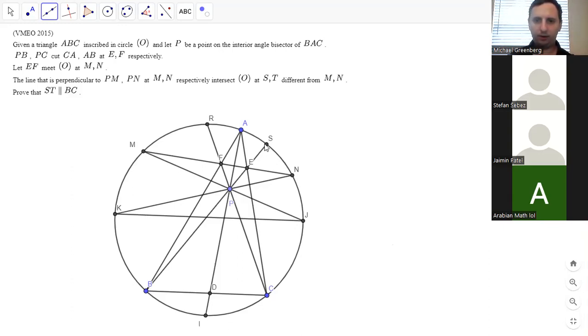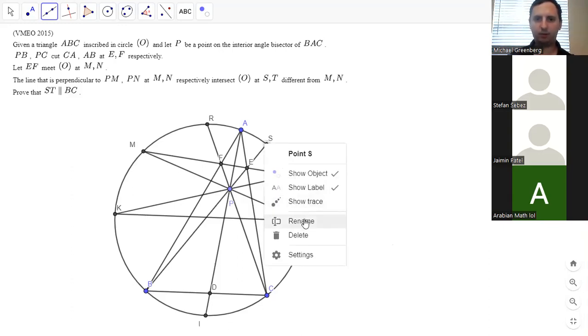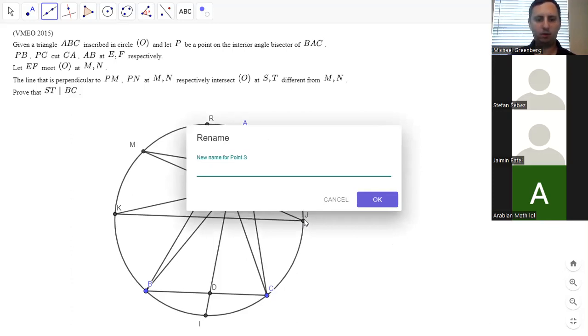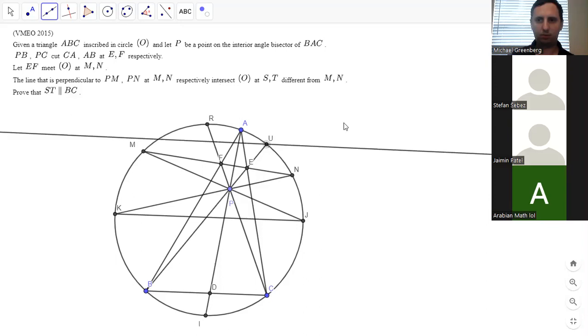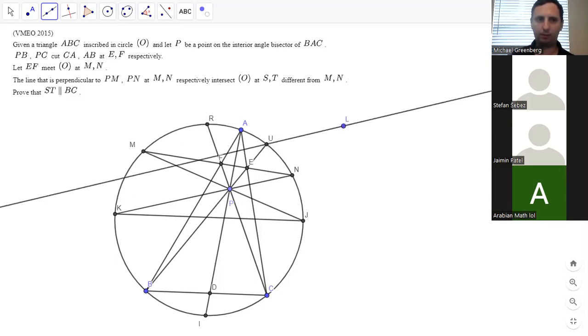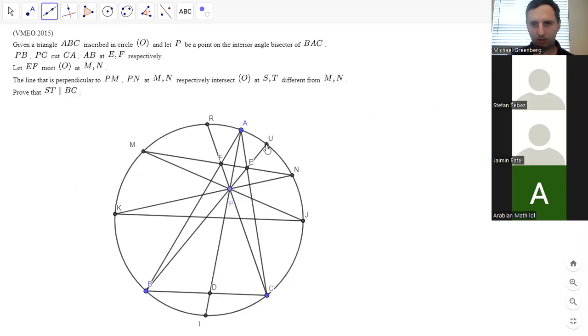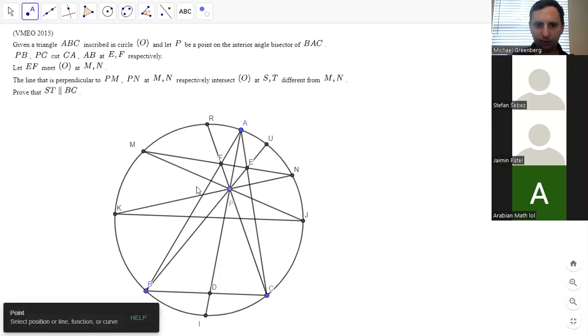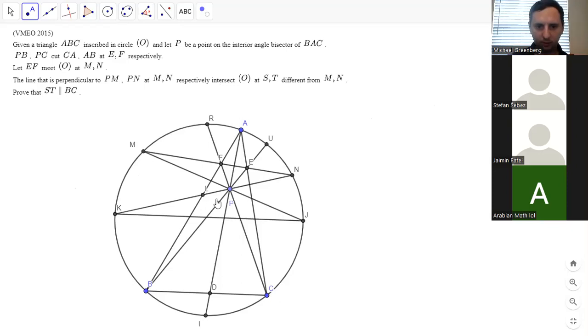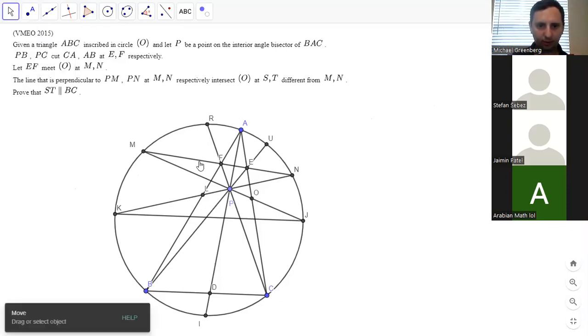Is the line joining, actually, sorry, let me first change this from S, and I'm going to read that comment. Oops, I didn't want to make a line, I just wanted to rename that. Is the line joining PK intersect AB and PJ intersect AC? It almost looks like it's parallel. Let's see.